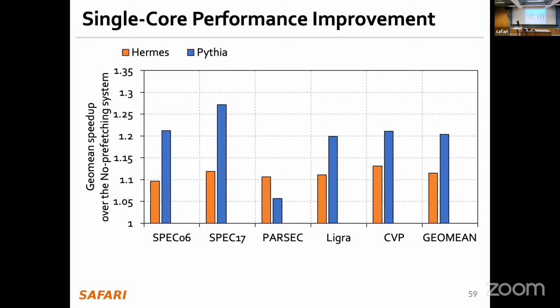When you explicitly consider that Pythia has a storage overhead of 25 KB, and Hermes only has a storage overhead of 4 KB, that's about 1/5 of the storage budget, and you're almost bridging around 50% of the performance benefit, right? So that's not that bad.